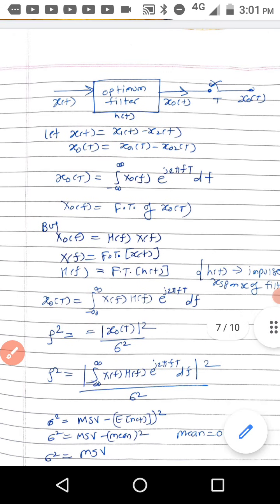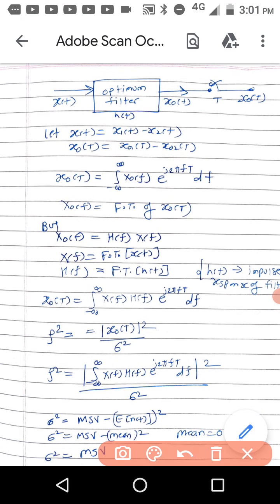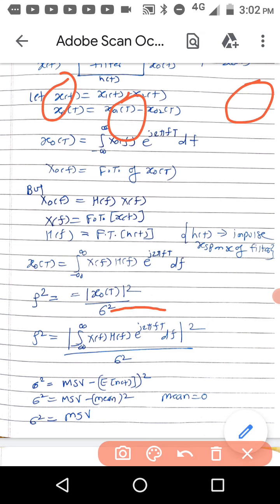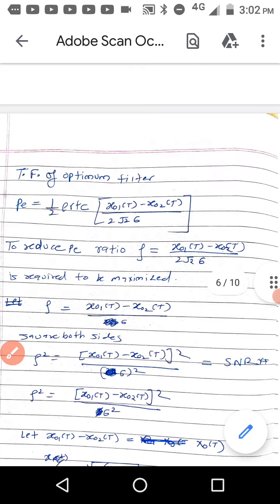Now x0(t) is nothing but the inverse Fourier transform of X0(f). So what is X0(f)? To find X0(f), you have to multiply X(f) with H(f). So x0(t) will be equal to the integral of X(f) H(f) e raised to j2 pi f t df.